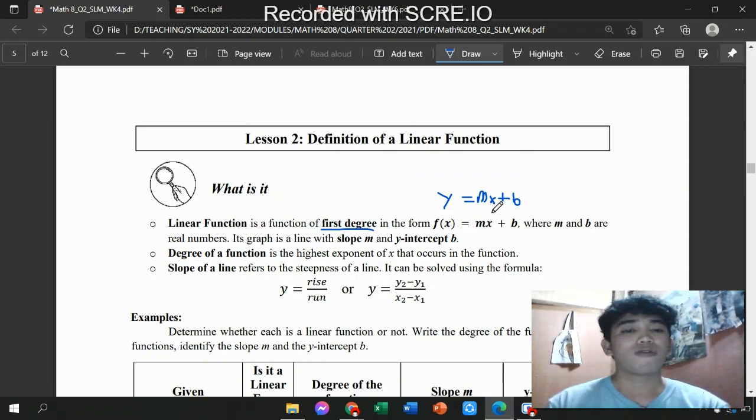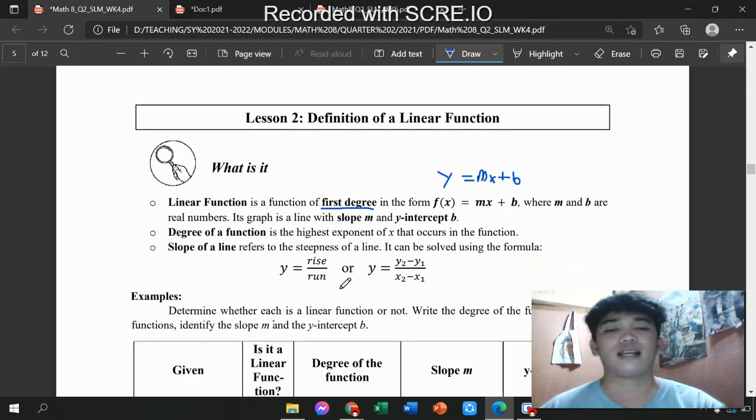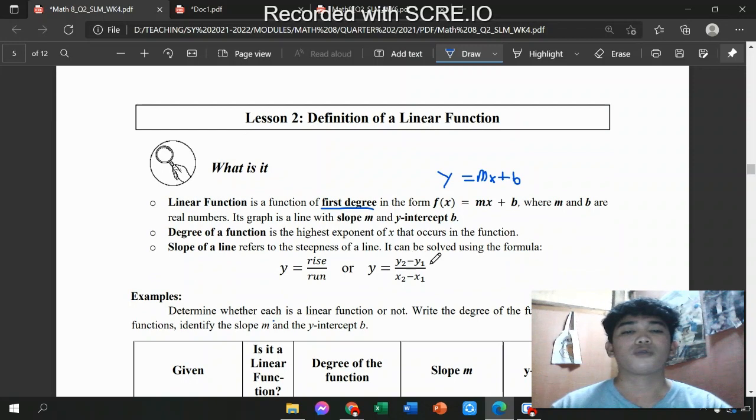Then kung naay 2, 3 or 4, kung unsa ang pinakadako nga exponent, mao na ang gitawag og degree of a function. Slope of a line refers to the steepness of a line. It can be solved using this formula: m equals rise over run, or m equals y sub 2 minus y sub 1 over x sub 2 minus x sub 1. So naay formula unsaon pagpangita sa slope.